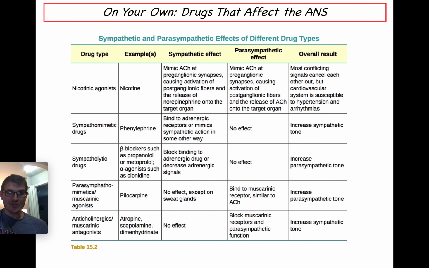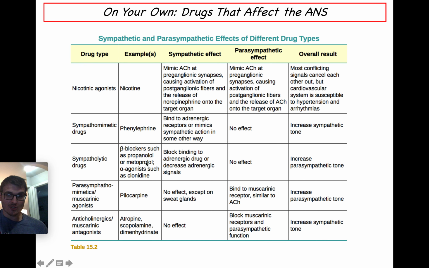So this will give you a guide to that in terms of whether you're dealing with an agonist or antagonist. Some examples of these drugs: nicotine, we've talked about how it activates nicotinic receptors, so it can activate both sympathetic and parasympathetic activity because it gets those postganglionic neurons excited.